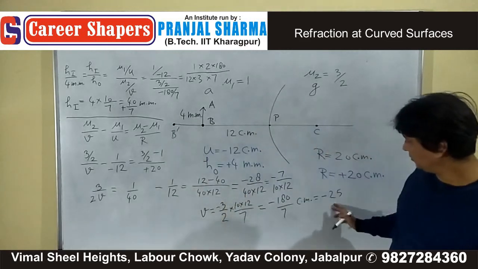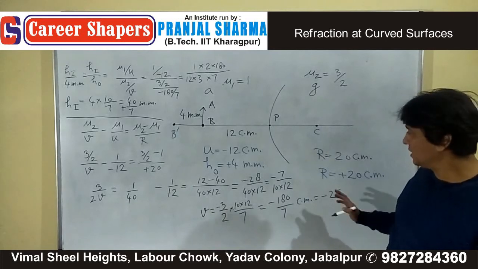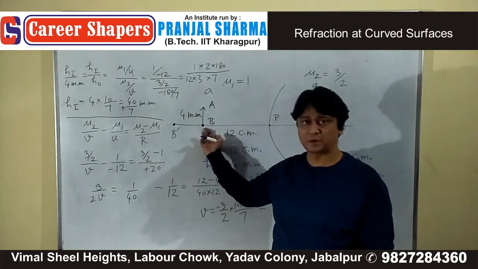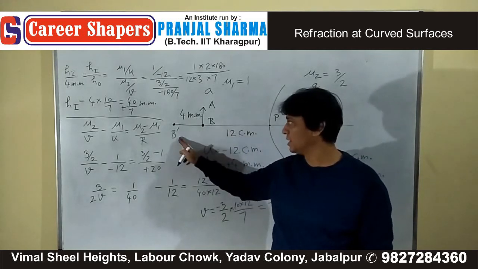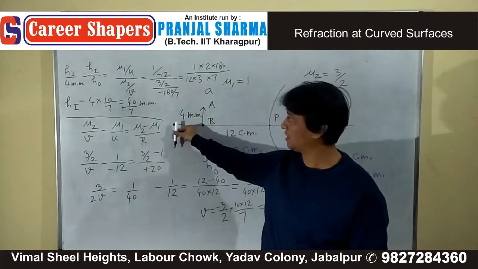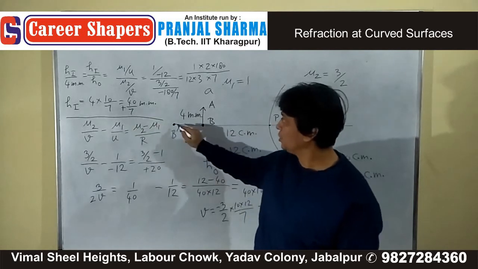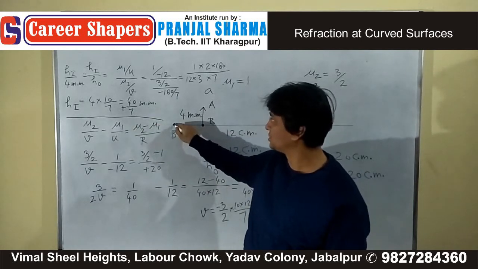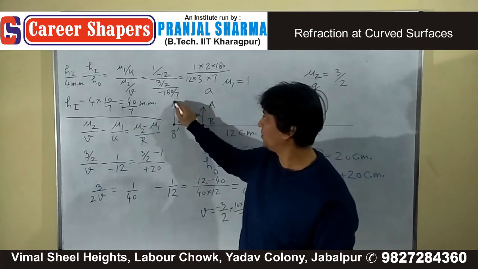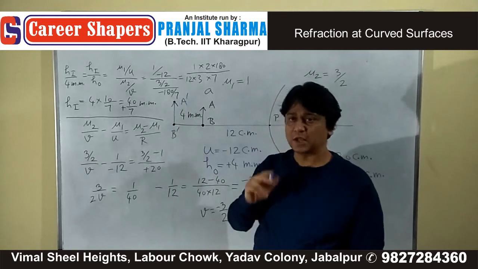Once you found that your V is approximately minus 25, that gives the position of the base of the image. The final image is either like this or this. Since we know that HI is coming positive, you will say that your image is this. That's your image, and the top is A dash.